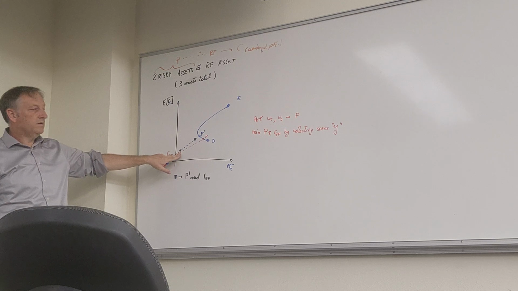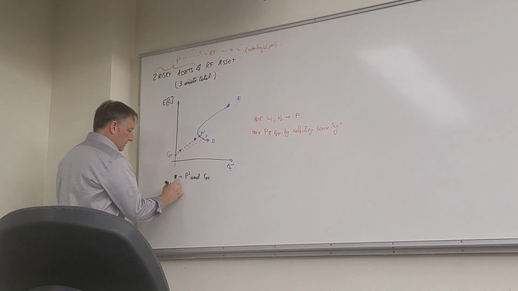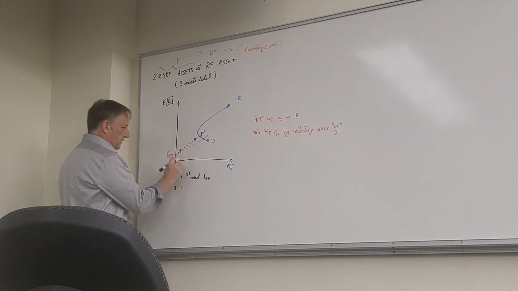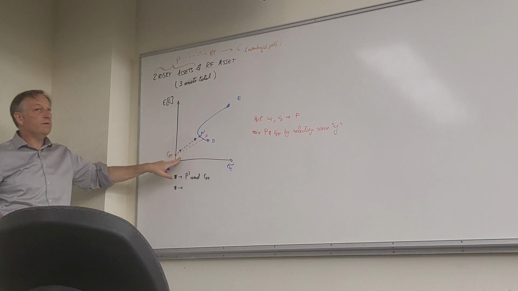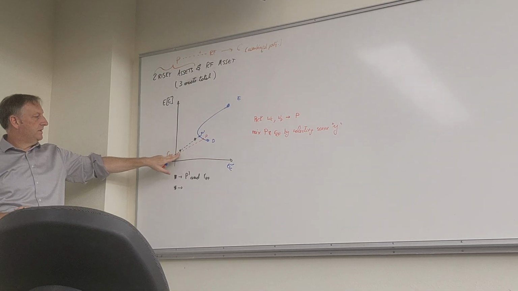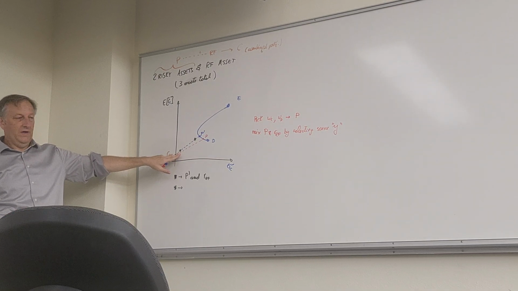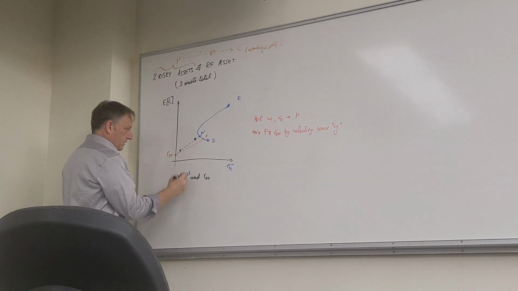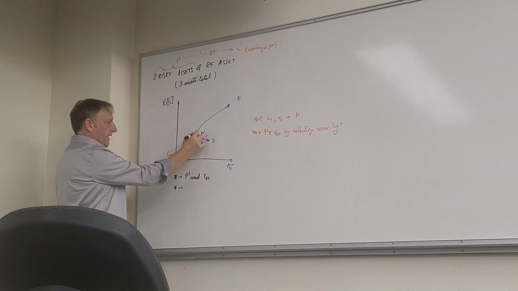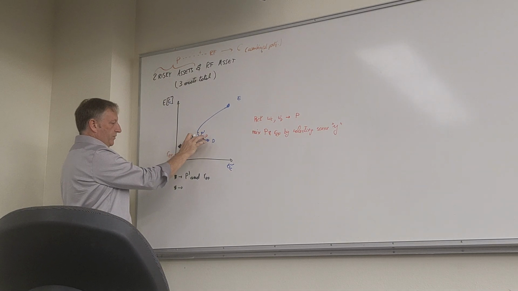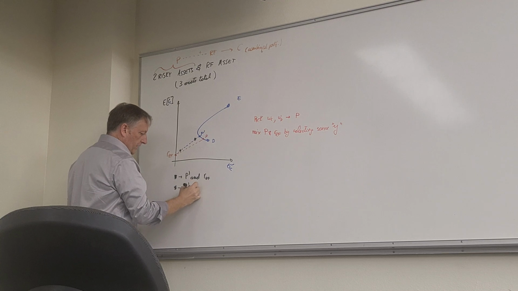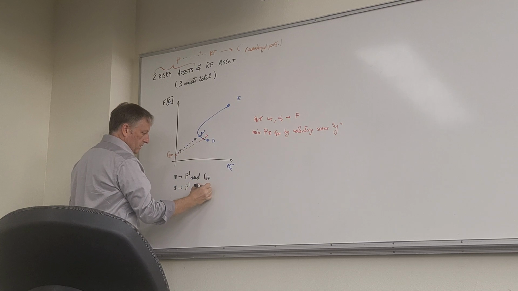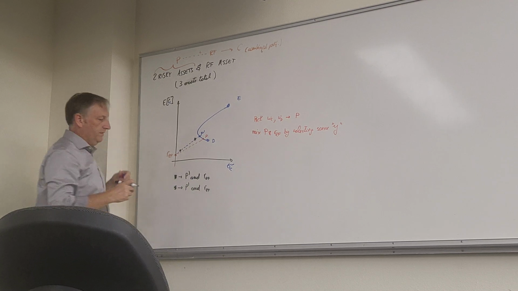What about the star? It's also on the blue line, right? So how do I get this star portfolio? By investing in, what does the line connect? RF and P prime. But what is the difference between the 2?